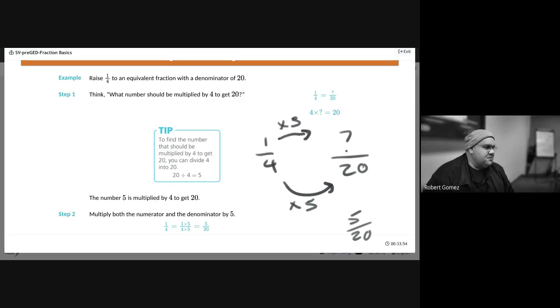We need to be able to move back and forth between mixed numbers and improper fractions. We need to be able to take a fraction with big numbers and reduce it. And especially when we're trying to add two different denominators, we need to be able to bring them both up so they're the same.